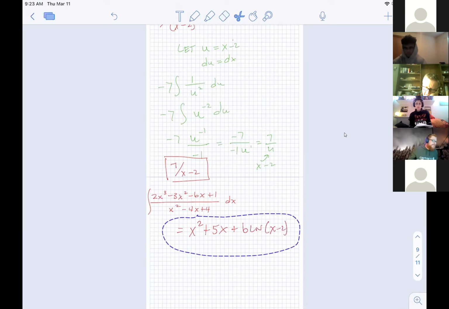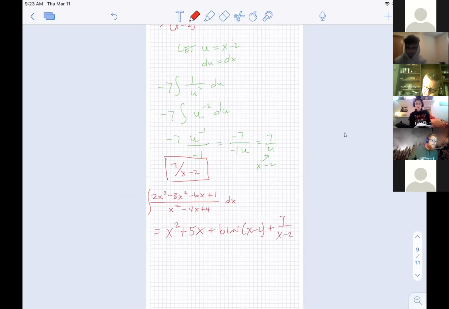And then we had that last answer that we just got to tack on to the end, which is plus 7 over x minus 2, technically plus c. So we're saying that is the answer to this ridiculous integral.